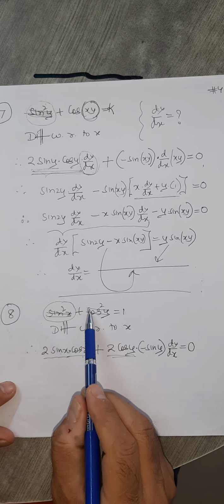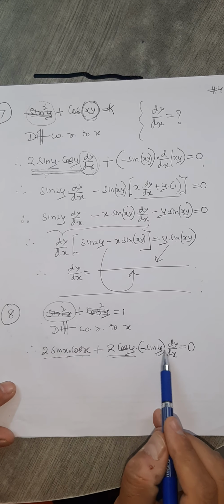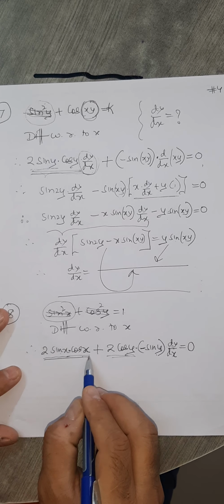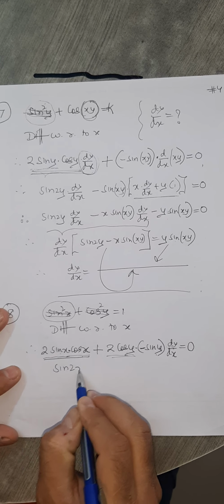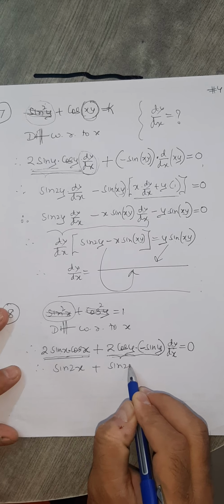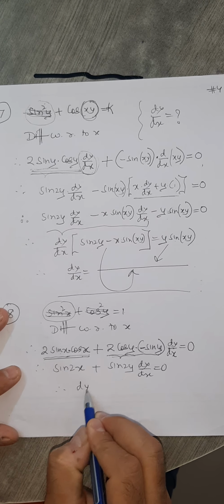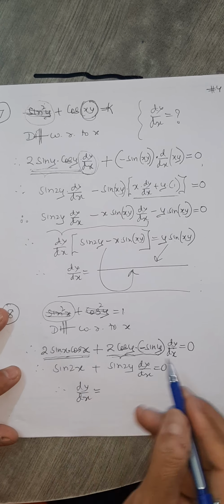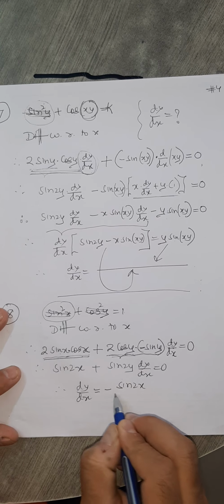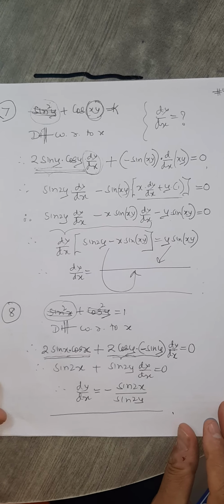So 2x derivative of cos, which is minus sin y, and then in turn derivative of y, which is dy by dx. Okay, so this you know, this is sine 2x, this is sine 2y into dy by dx. So therefore what is dy by dx? This I'll take on the other side, minus sine 2x upon sine 2y. This is dy by dx.